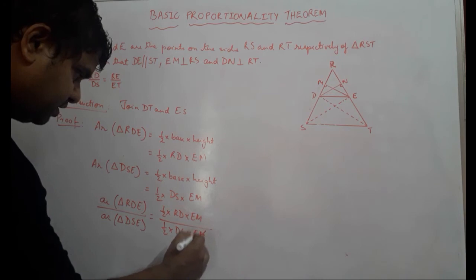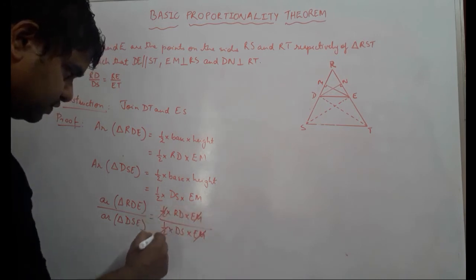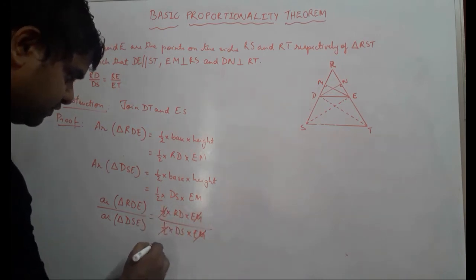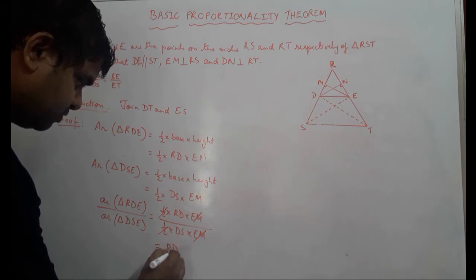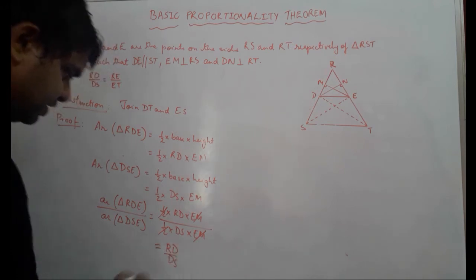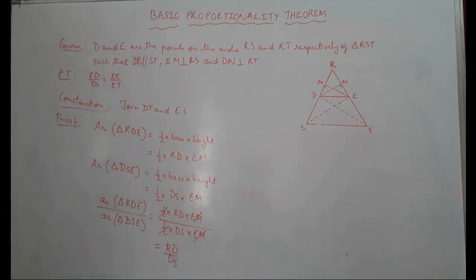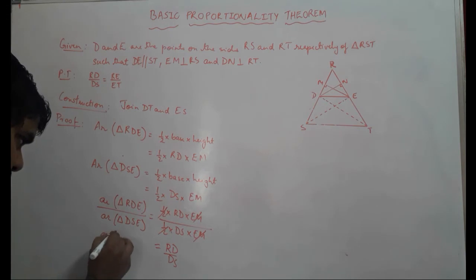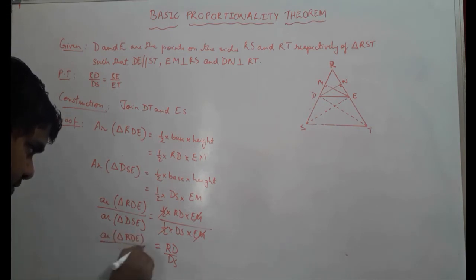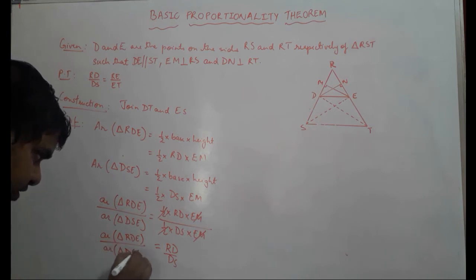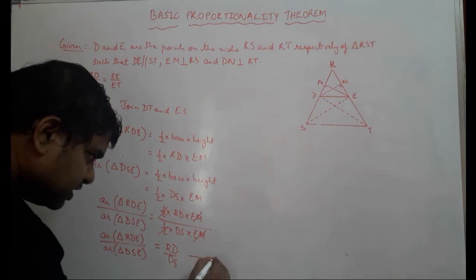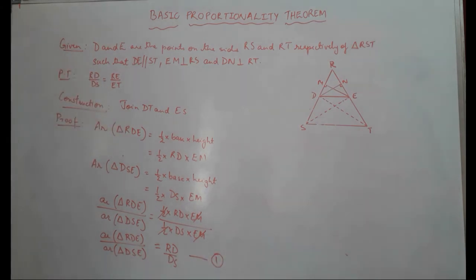EM and EM cancel, half also cancels, and we are left with RD upon DS. Okay, now we put this over here, area of triangle RDE upon area of triangle DSE, and we'll mark this as 1.